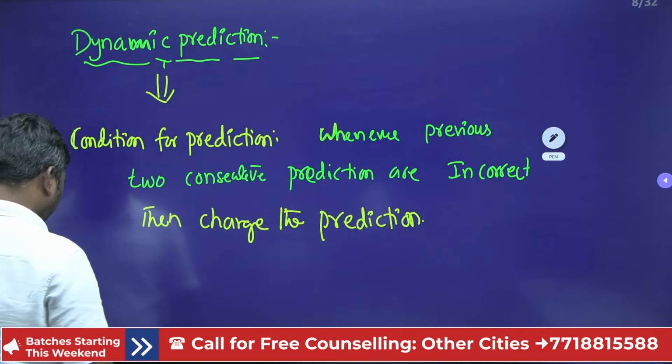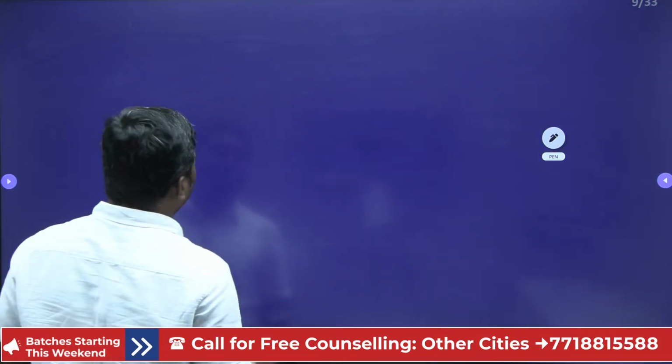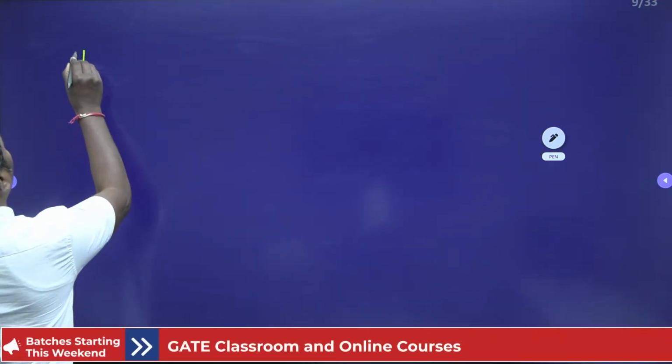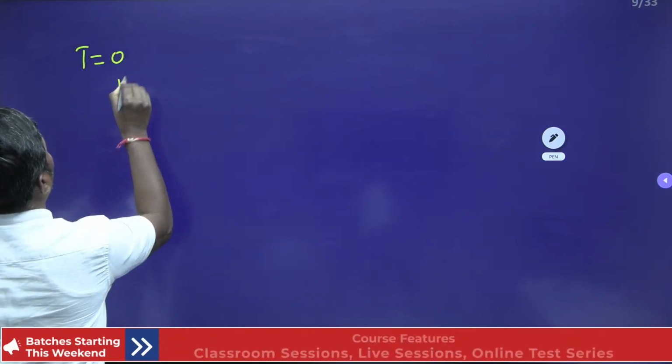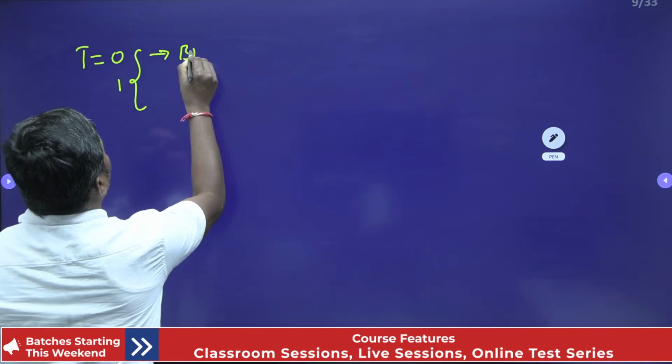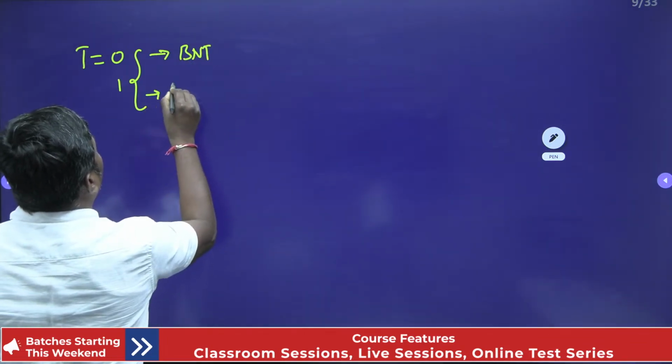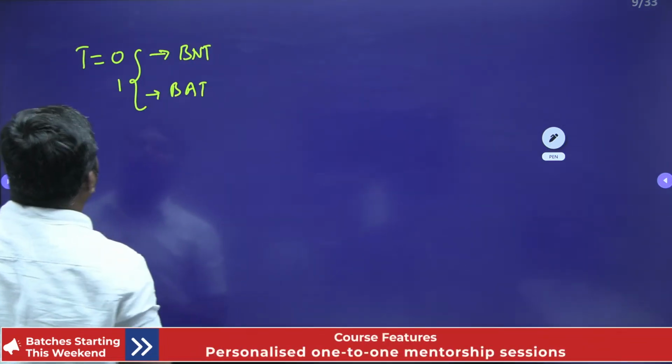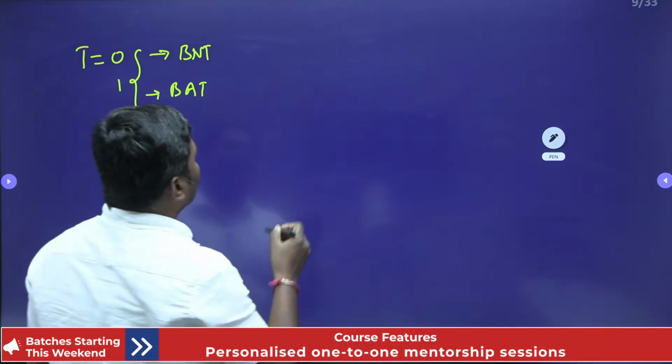We'll observe here. Now I am taking 4 states. The flag t value will be 0 or 1. What is the 0 indication? Branch never taken. And 1 means branch always takes the condition. Okay, so now I am taking the 4 states here.